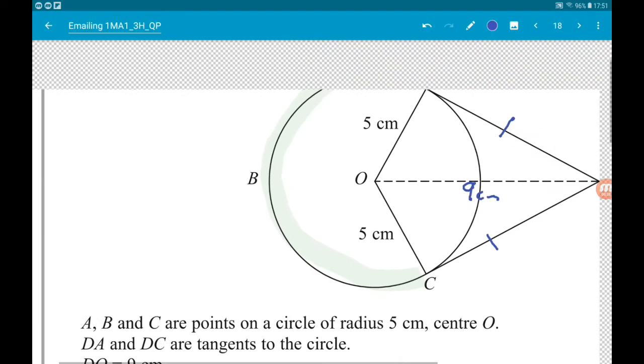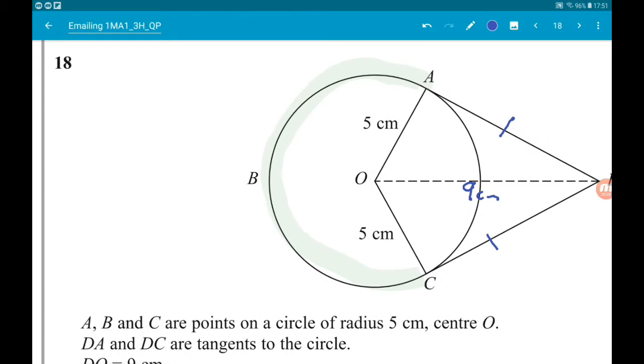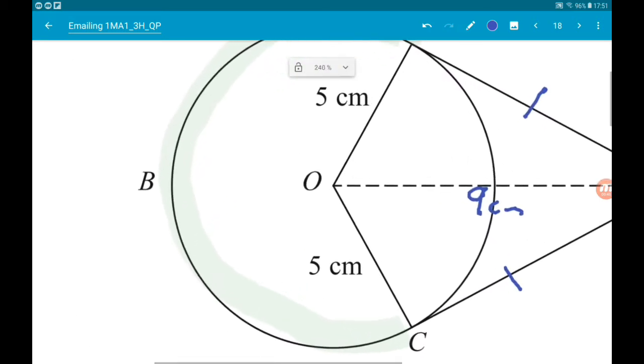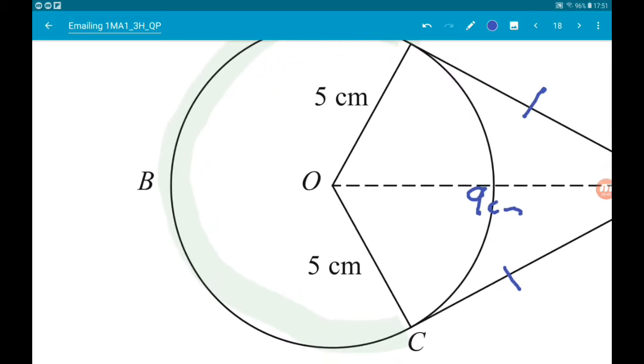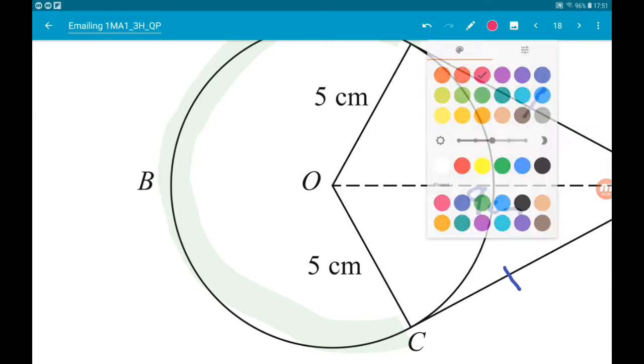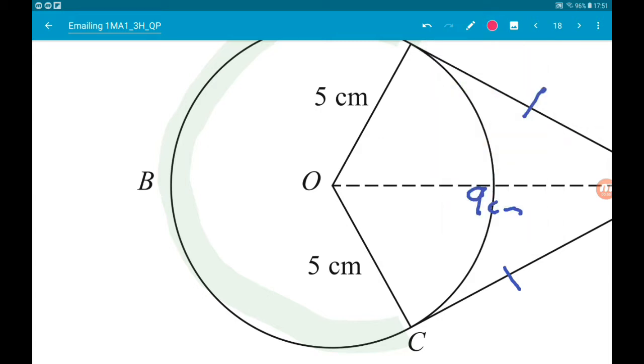Okay, so what we need to know is what fraction of the circumference this arc is. So for that we need to know what fraction of the circle it belongs to. Now to do that, we use the fact that angles around a point add up to 360. And what we're going to need to do is find that angle around like that. So let's call that theta.